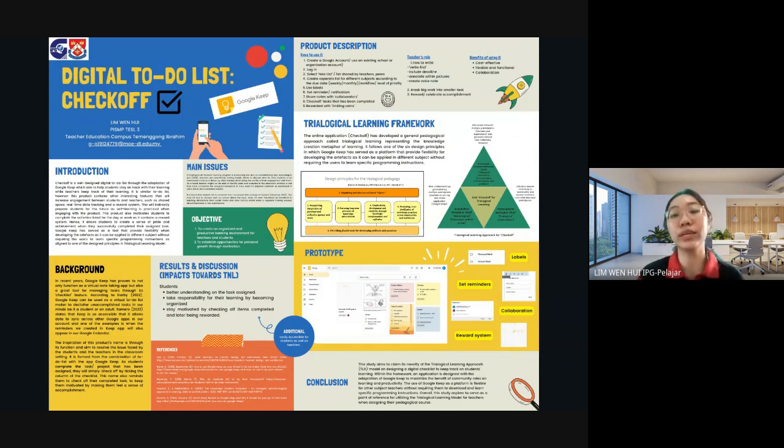The use of Google Keep as a platform is flexible for other subject teachers without requiring them to download and learn specific programming instructions. Overall, this study aspires to serve as a point of reference for utilizing the trialogical learning model for teachers when designing their pedagogical course.